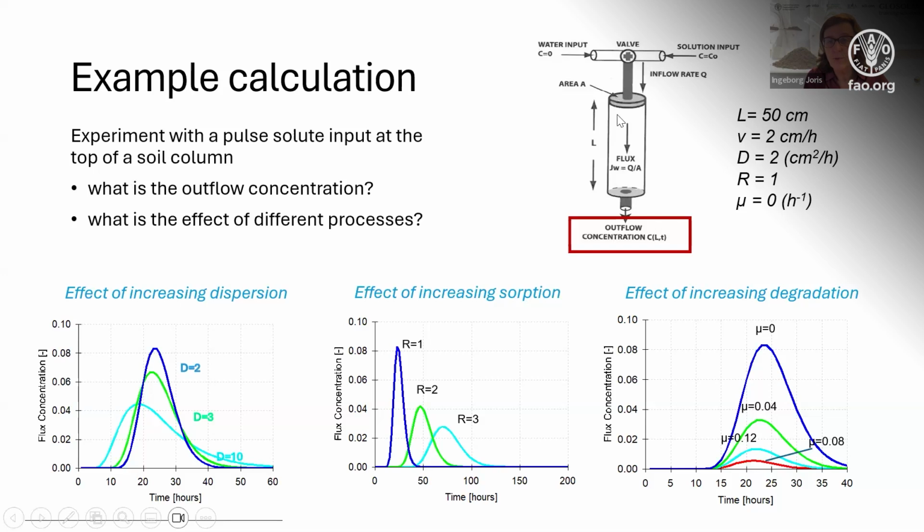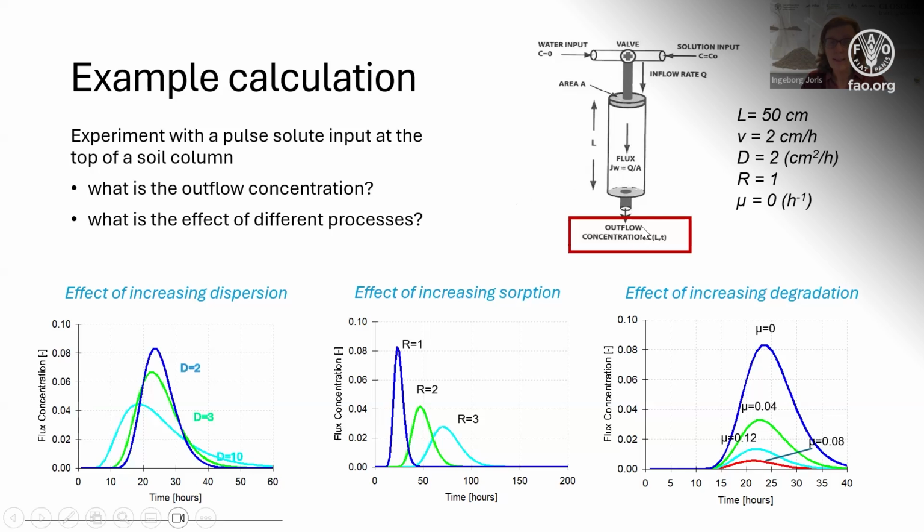You have a column of soil with water going from the top to the bottom. At the top, a pulse solute input is given. This means that you release solutes into the column in one very small time period, while water is flowing.